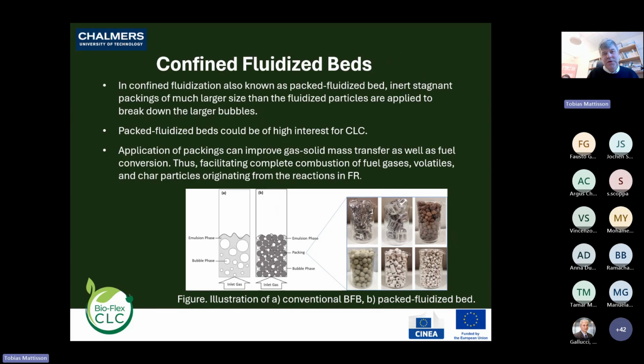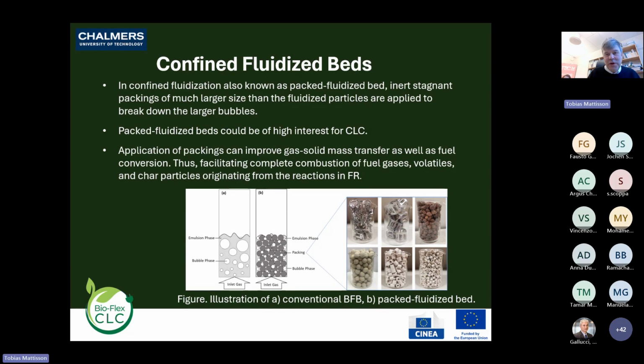What we're doing here is utilizing a concept called confined or packed fluidized beds. Basically, in the fuel reactor, when you really want to get good conversion of the fuel to CO2, it may be problematic because the volatiles can disappear or not have good contact with the oxygen carriers.